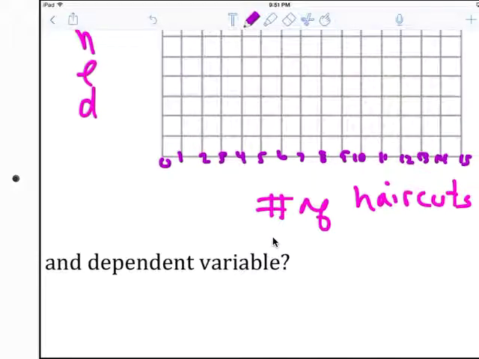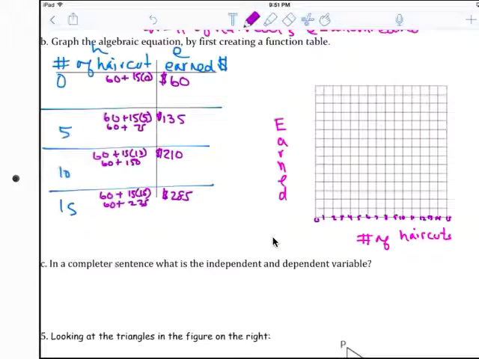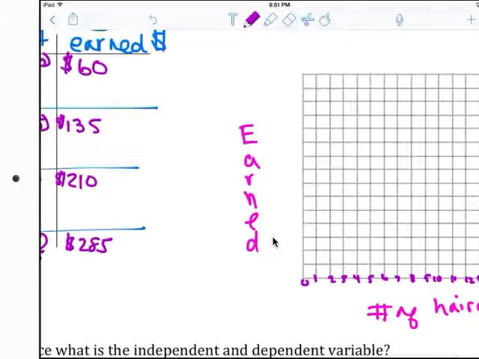Okay, and then the dollar amount, we need to go up to $285, so that could be anything. Let's see. Count by 10. 10, 20, 30, 40, 50, 60, 70, 80, 90, 100. No, that's not enough. Count by 20.